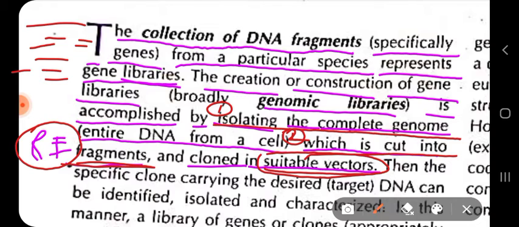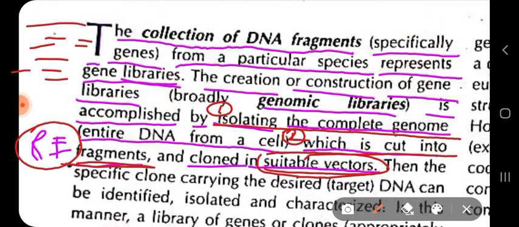Or you can use a bacteriophage as a vector. Different types of vectors are there, which I will study in detail later on. I am finishing this part so you can get prepared quickly for examinations.